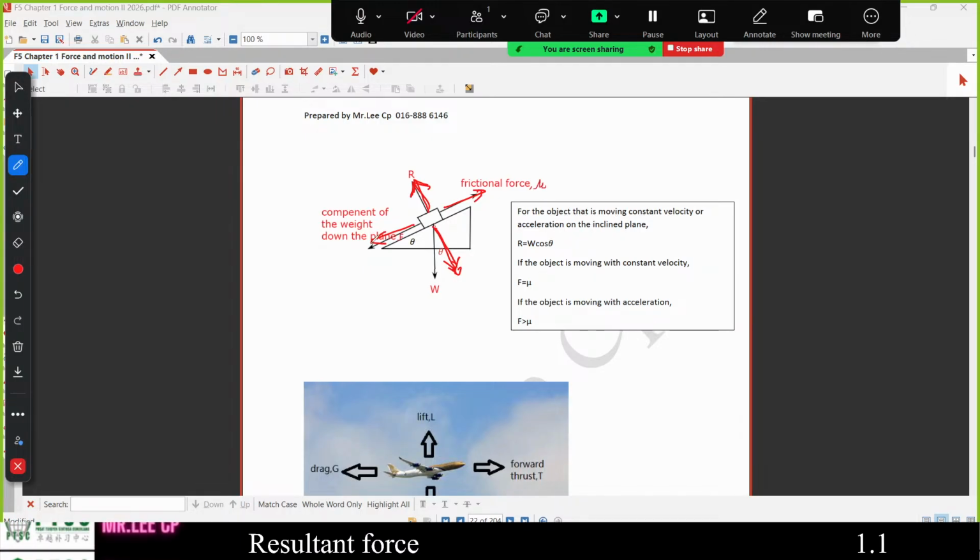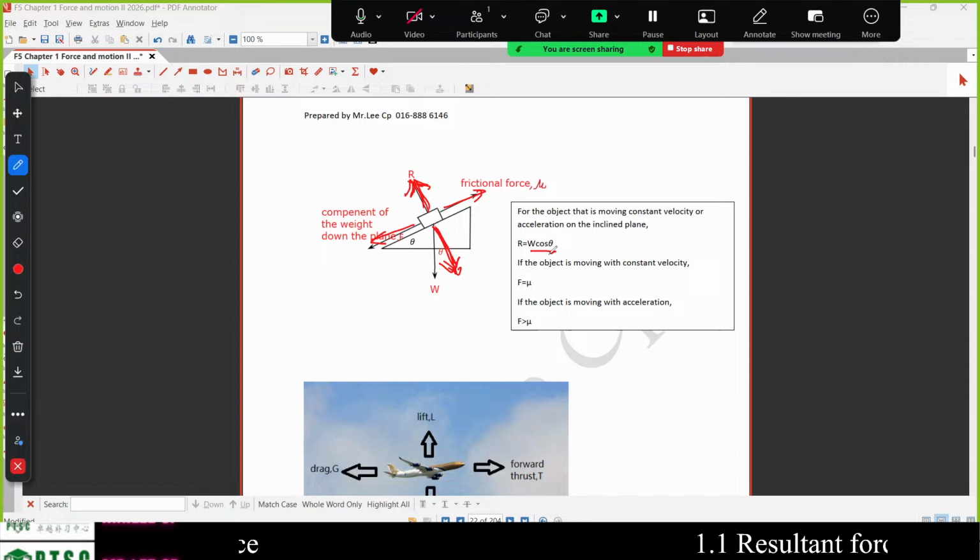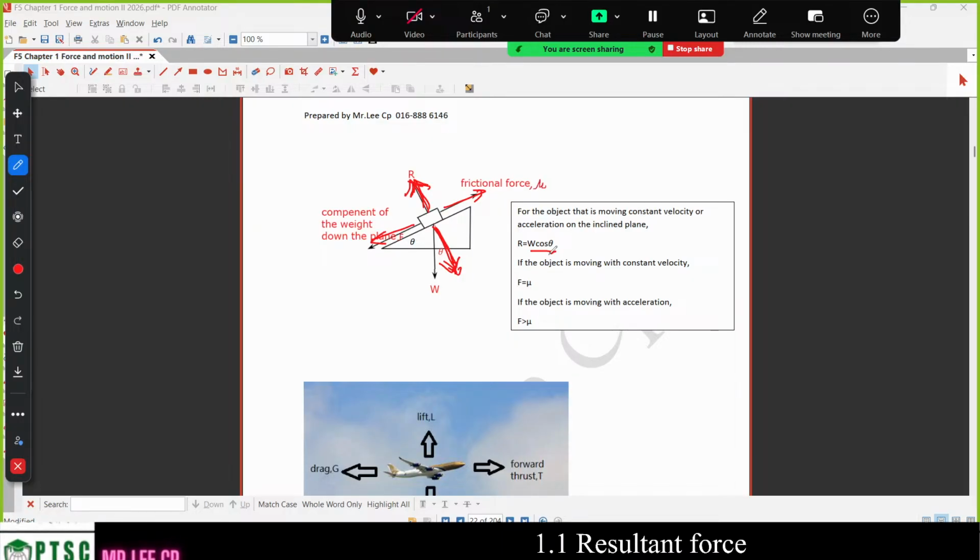Right? So, first of all, R is equal to W cos theta. Why it is cos theta, I will show you how to memorize it. Right now, you need to memorize, because next week we are going to do a lot. Wait, I will show you how to memorize.